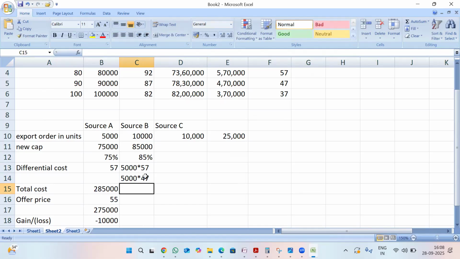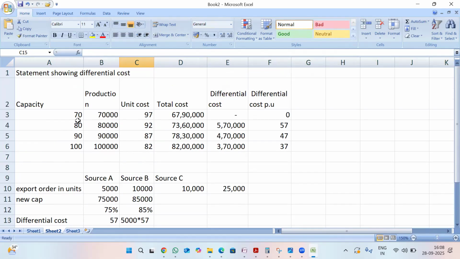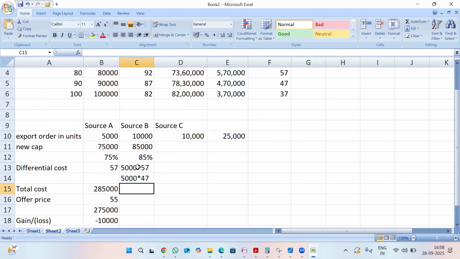So hope I am clear here. See, now I am moving to 85% capacity. That means from 75 to 85%. But my cost will differ only after 80% capacity. That is from 75 to 80%, that is 5,000 units, right? 5% capacity into 57 rupees. There I will be incurring only 57 rupees.